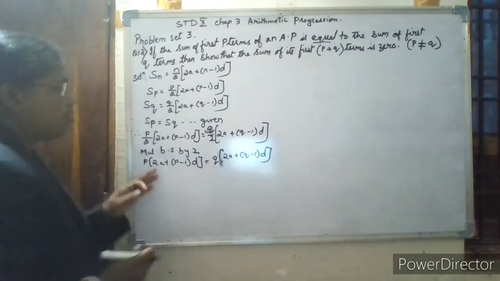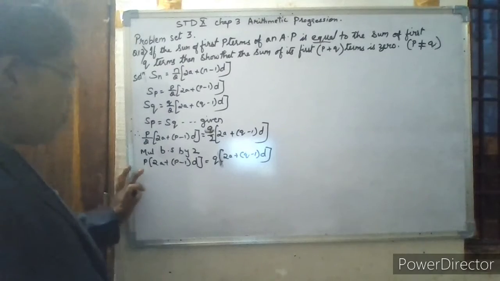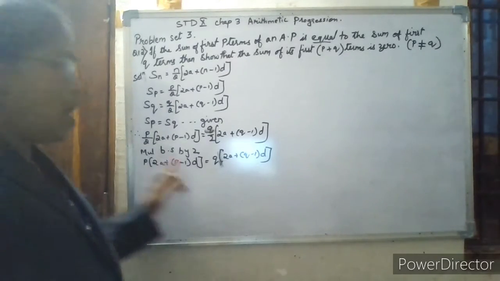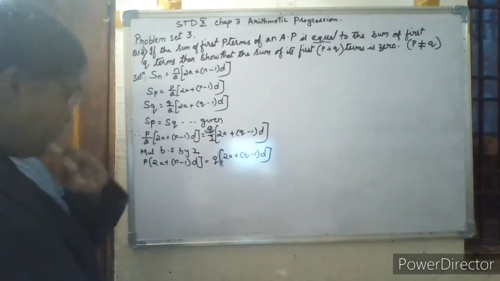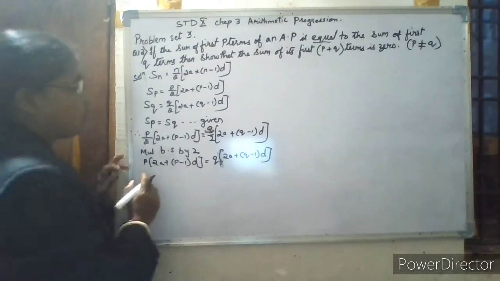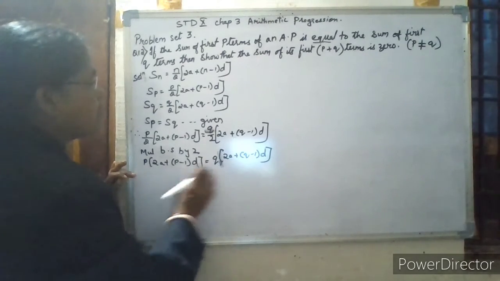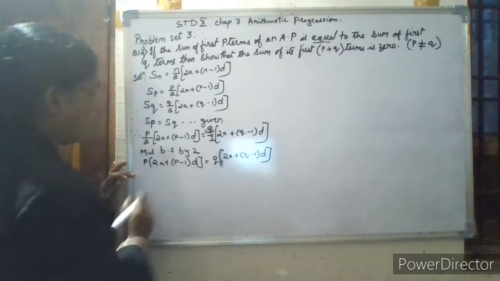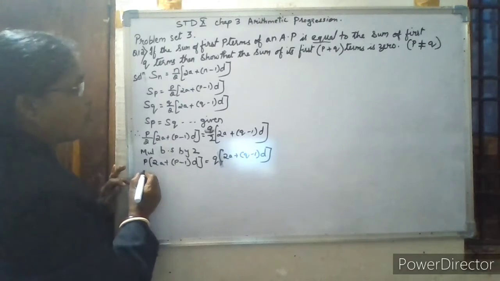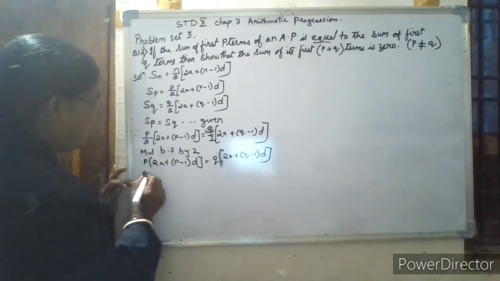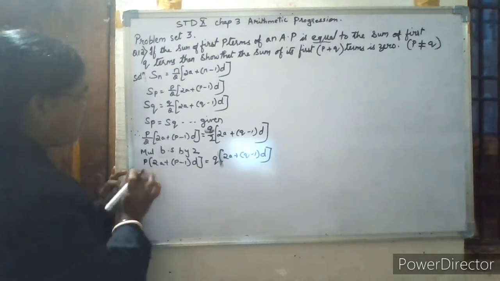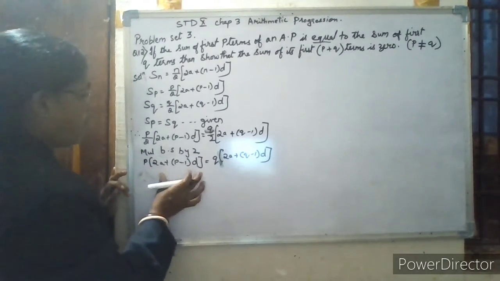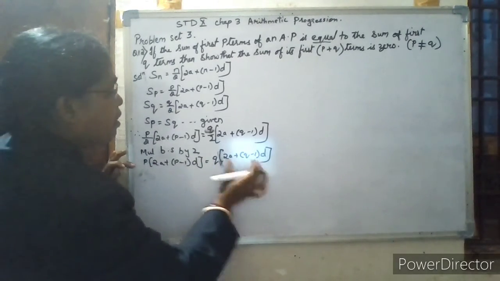Now outside this square bracket we have the coefficient p, and here also we have the coefficient q. So we will multiply the bracket by p and q. Inside the bracket there are two terms, and here also two terms are there.